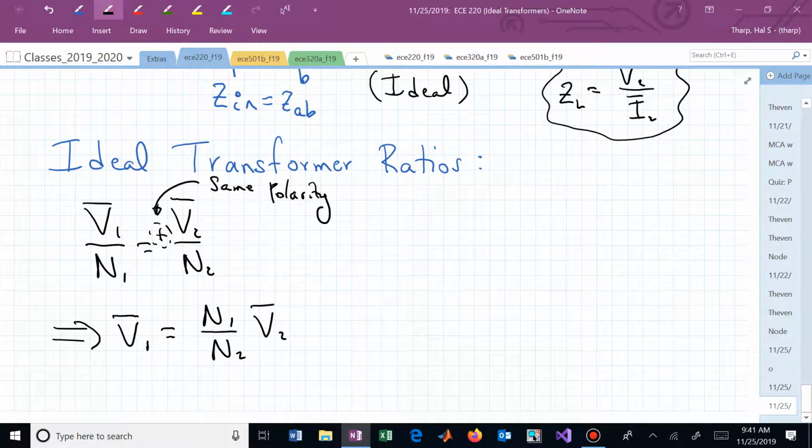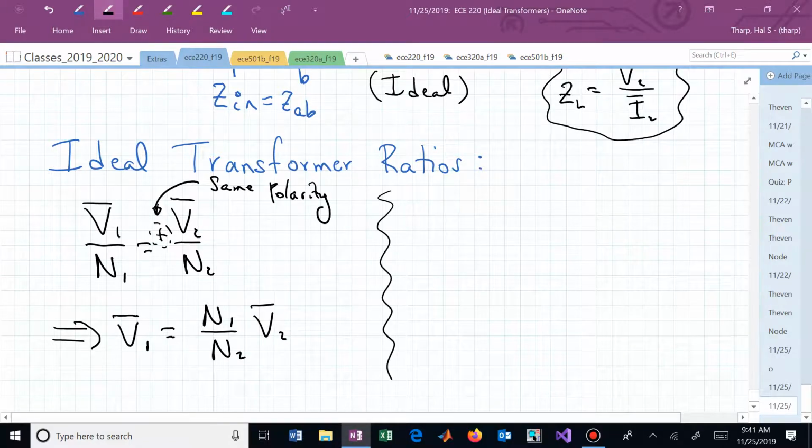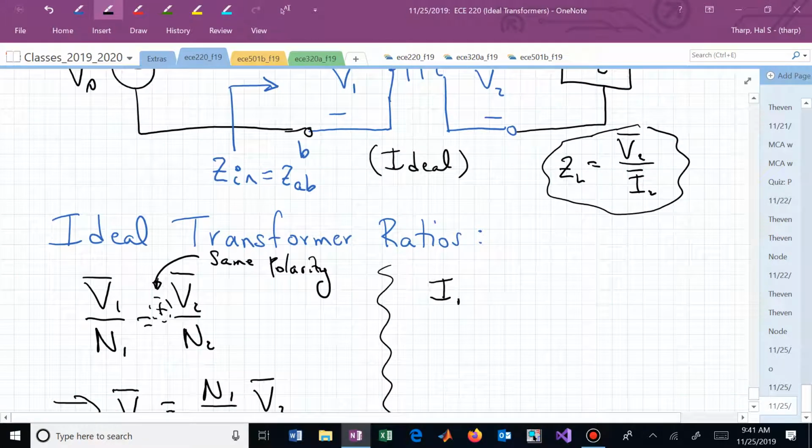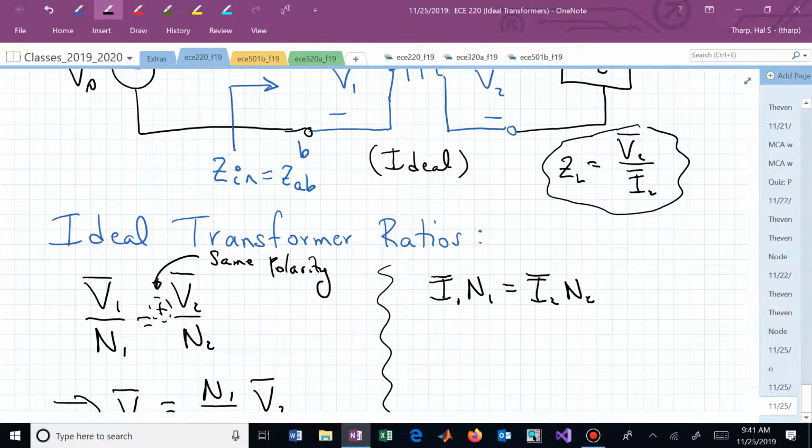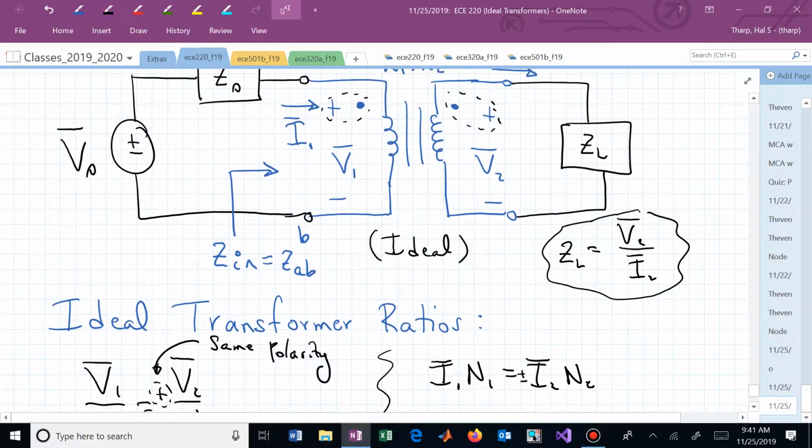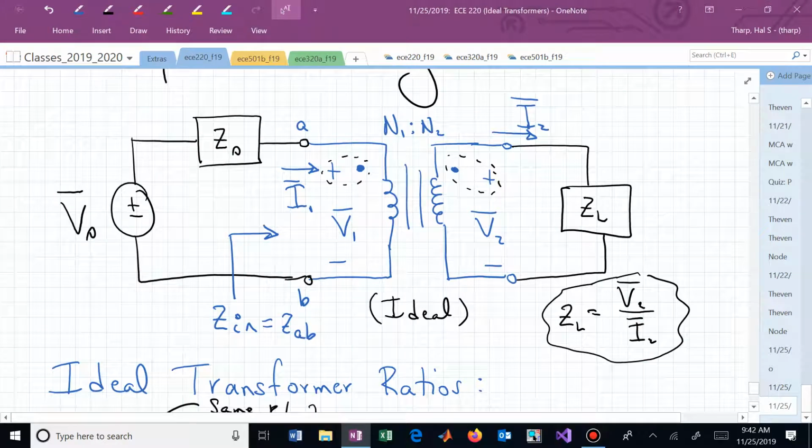What about the current ratio? That was our amp turns, which are equal on the primary side and the secondary side. What's my polarity on this? Is it plus or minus?